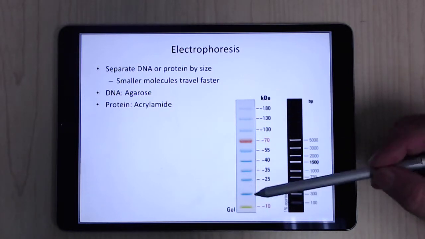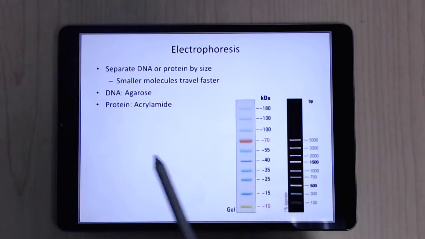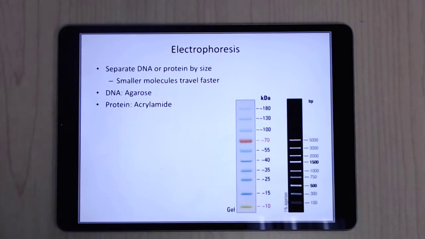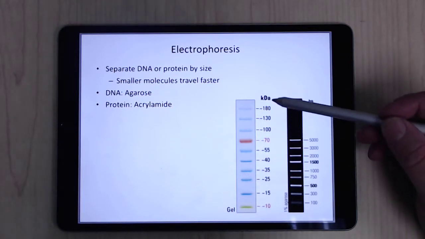For proteins, you typically use an acrylamide gel. This is your classic SDS-PAGE. The SDS just means soap. The PAGE is polyacrylamide gel electrophoresis. It's going to denature all your proteins, so unfold them. Using the SDS, it puts a charge on there, and generally things move relative to how large they are. The smaller it is, the faster it's going to move.